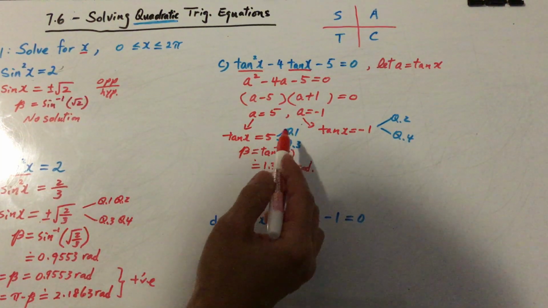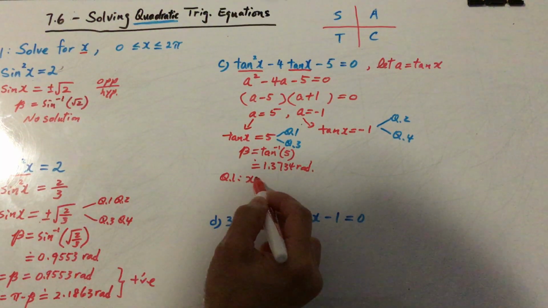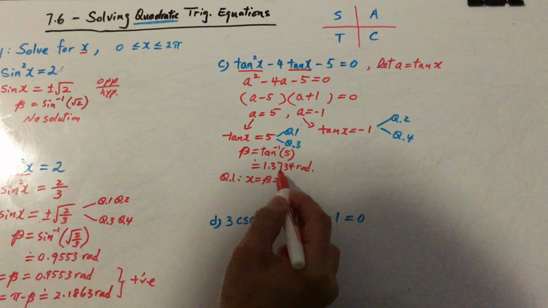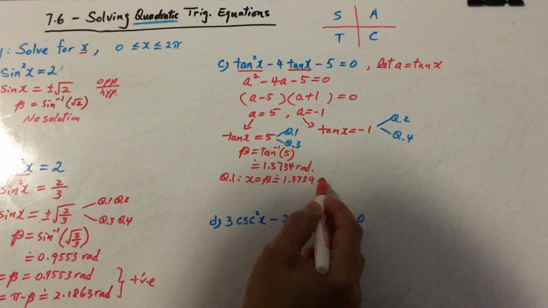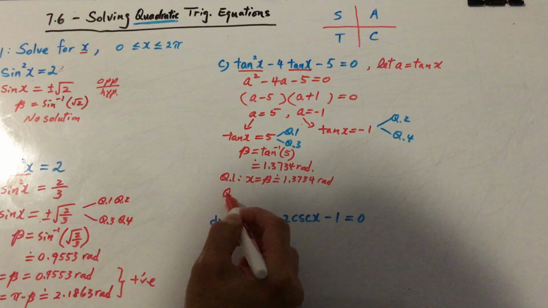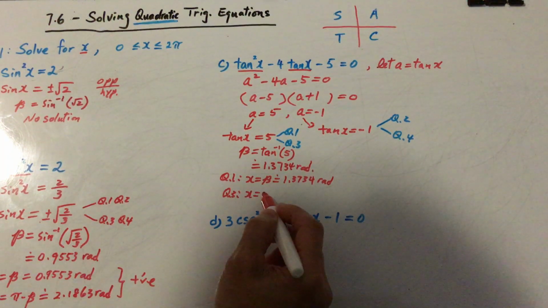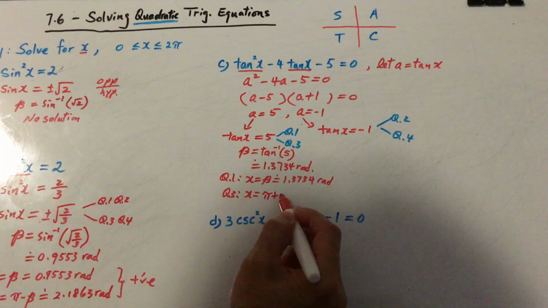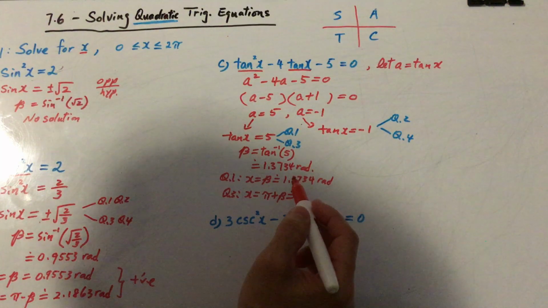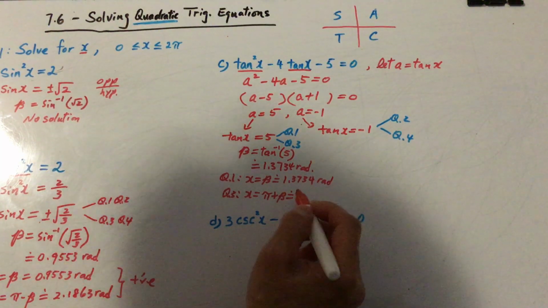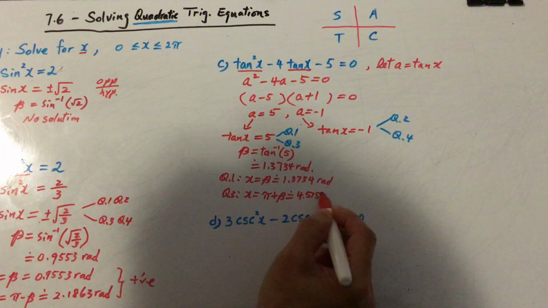Therefore in quadrant 1, x is going to be equal to the related acute angle, so it is 1.3734 rad. But in quadrant 3, the principal angle x is equal to pi plus the related acute angle. So that will give you approximately 4.5150 rad.